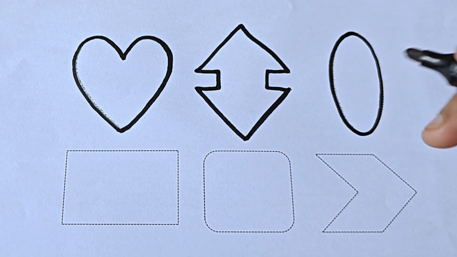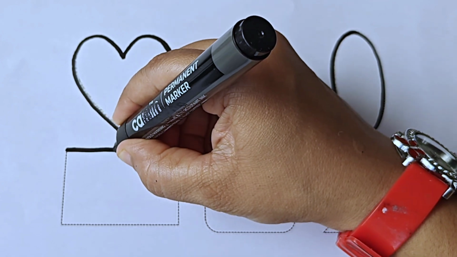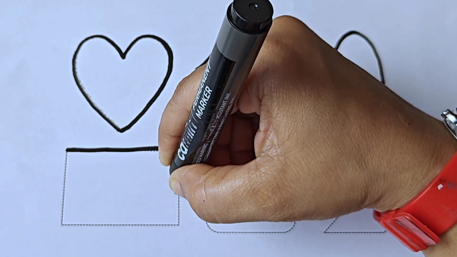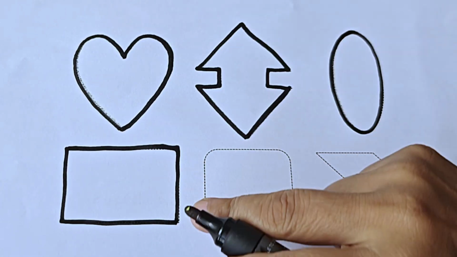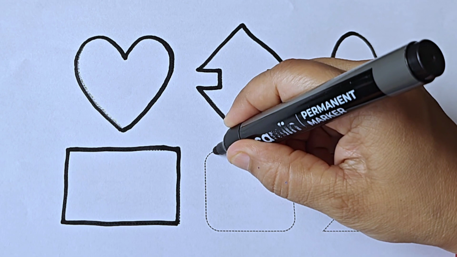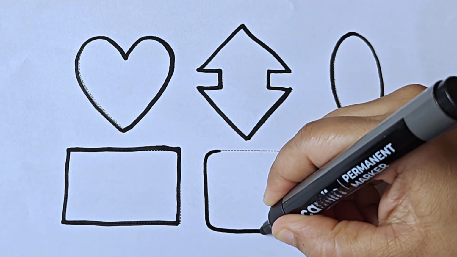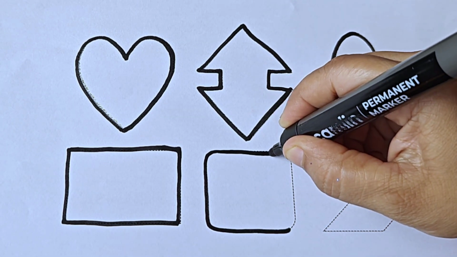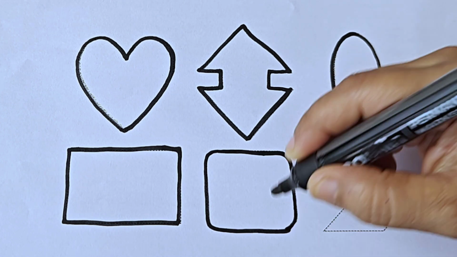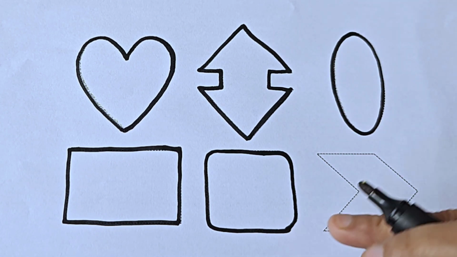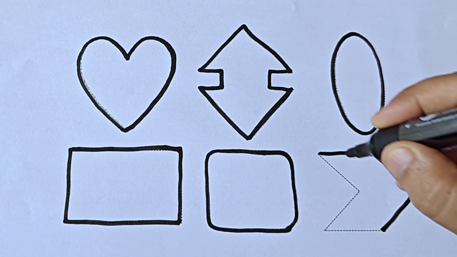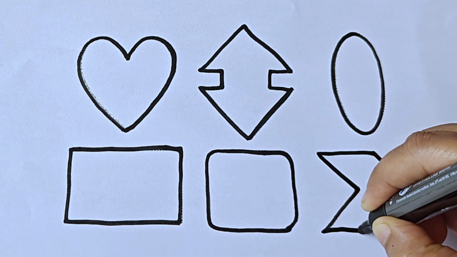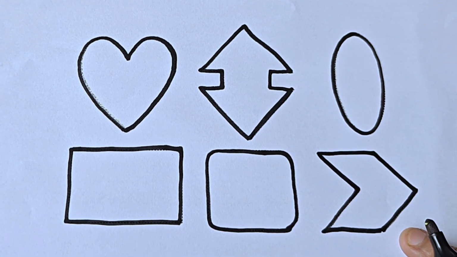It is oval. Rectangle. It is rounded corner square. It is chevron arrow.